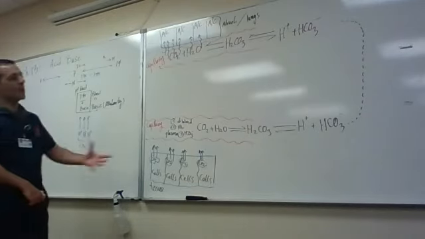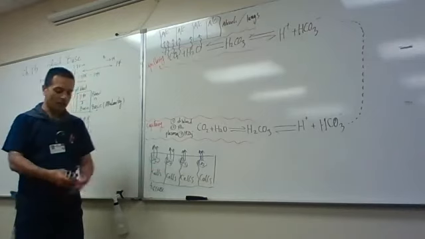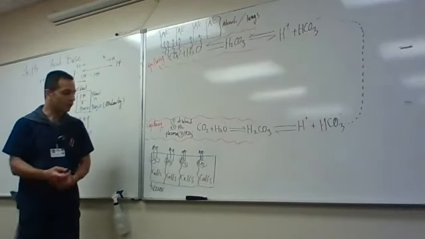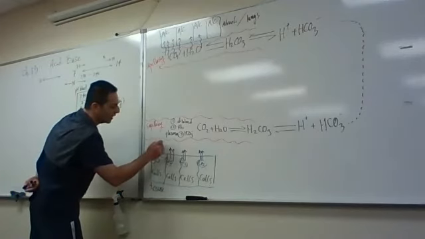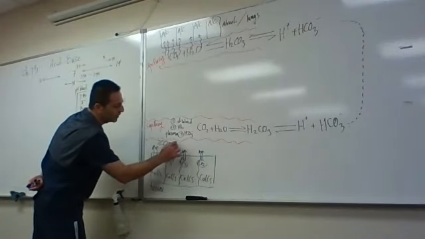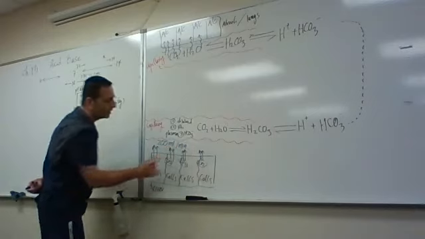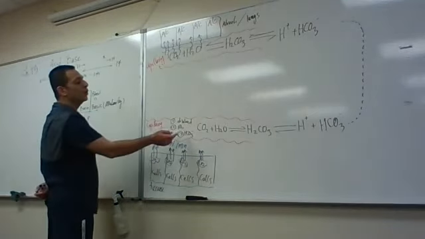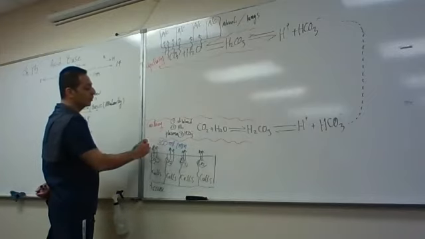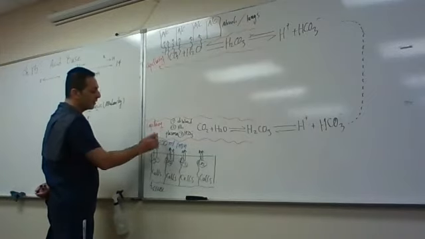So again, to recap, our cells produce a lot of CO2. How much CO2 are we producing every minute? 200, thank you, 200 milliliters per minute. That's how much CO2 we are producing. This CO2 will dissolve into our capillary.